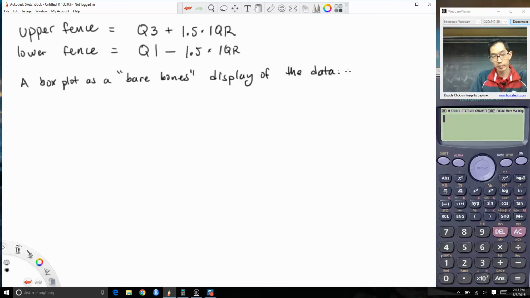However, it still captures a lot of information. Even from a box plot, a box plot will still reveal skew, but it will not reveal whether it's unimodal or bimodal.